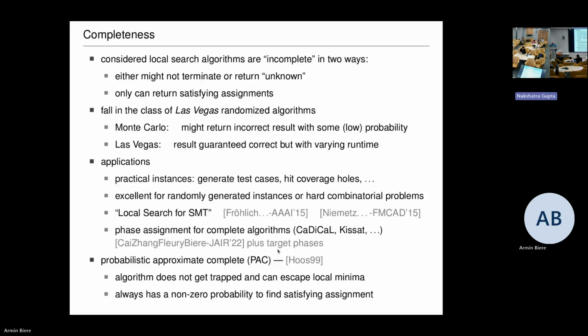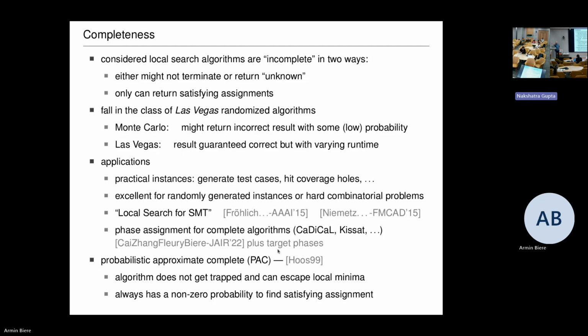Holger Hoos, in one of the papers where he described the WalkSAT algorithm, came up with this notion called probabilistically approximately complete, or PAC. When does such a local search solver have the PAC property? When it's complete. Intuitively, it doesn't get trapped in a kind of cycle. There's always a chance to get out of the local minima.